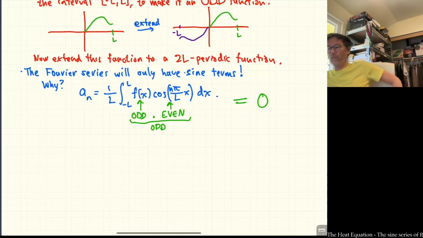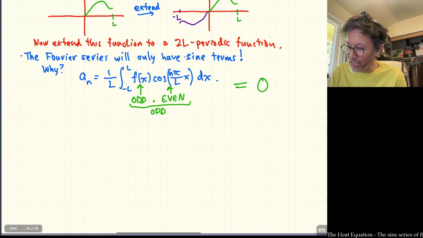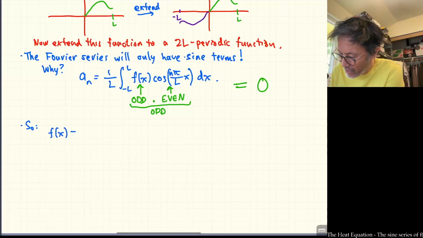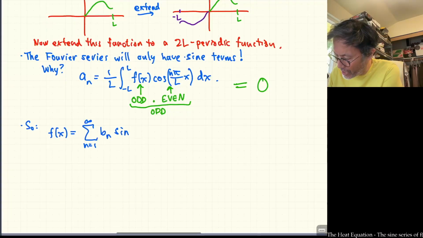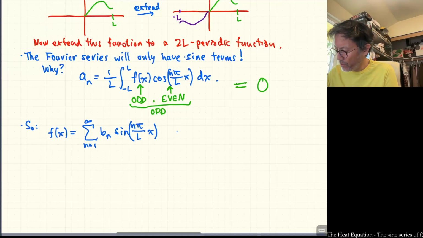Okay? Now, once you have the b sub n's, what this means is that we can write f of x as the sum from n equals 1 to infinity of b sub n times sine of n pi over L times x. Yeah? Where, of course, we know what b sub n is.